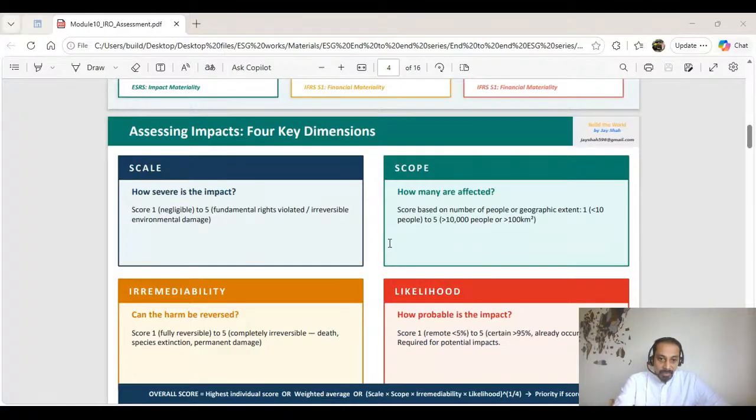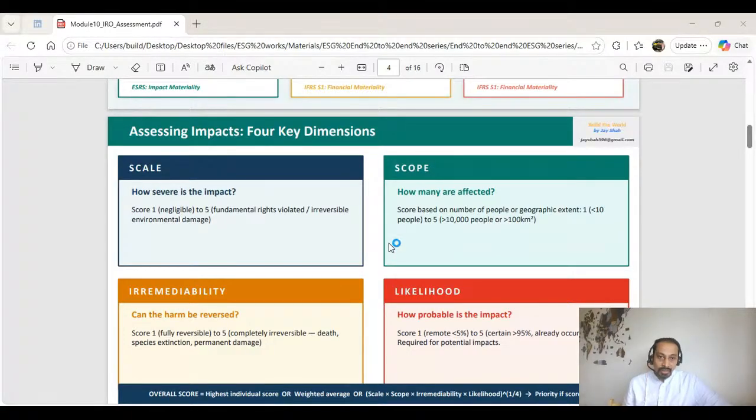This dimension is particularly important for human rights impacts. An impact that affects a single worker is very serious, but an impact that affects 50,000 workers across a supply chain is categorically different in terms of disclosure priority. So that is the scope.